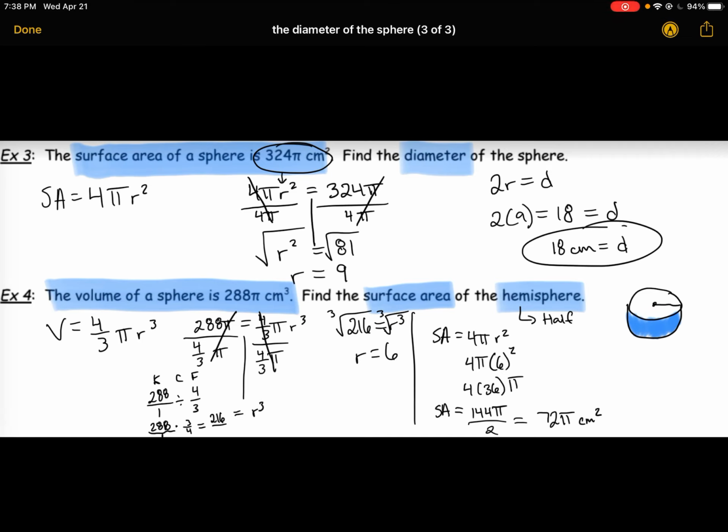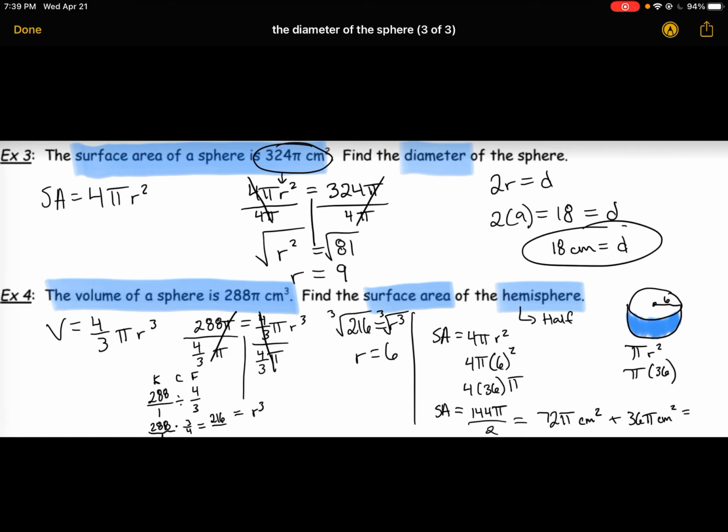So we'll get 72 pi centimeters squared is the blue area, but we're missing that area on top. So if we've actually cut it in half, now we also need to cover up the middle section. Otherwise, it'll just be out there in the open. So we're going to need our radius, which we have, which is 6. And we just need to find the area of the top. So that's a circle.